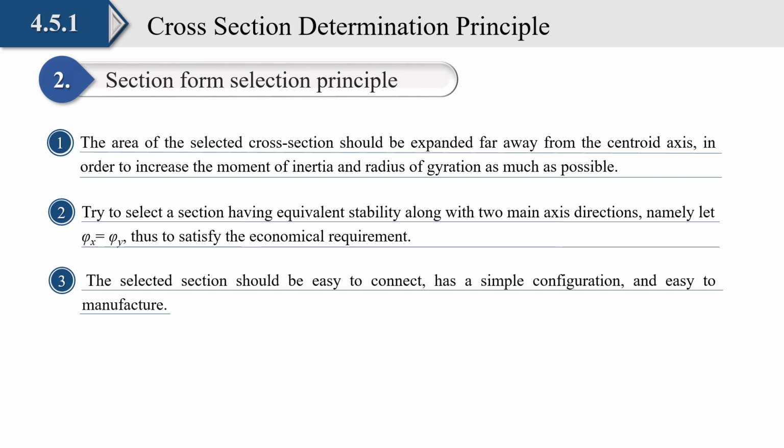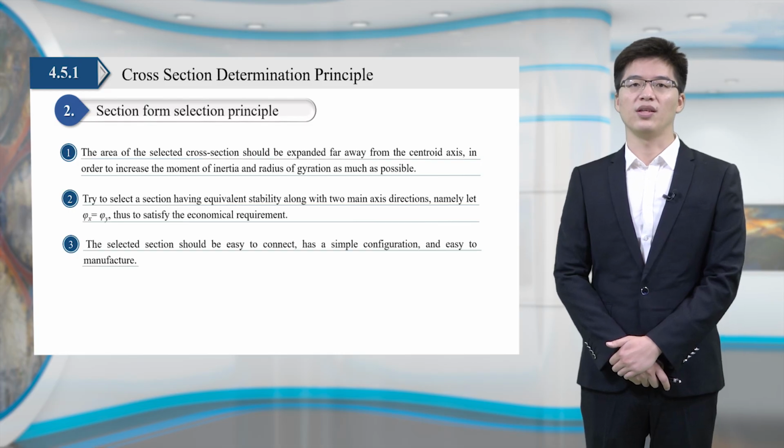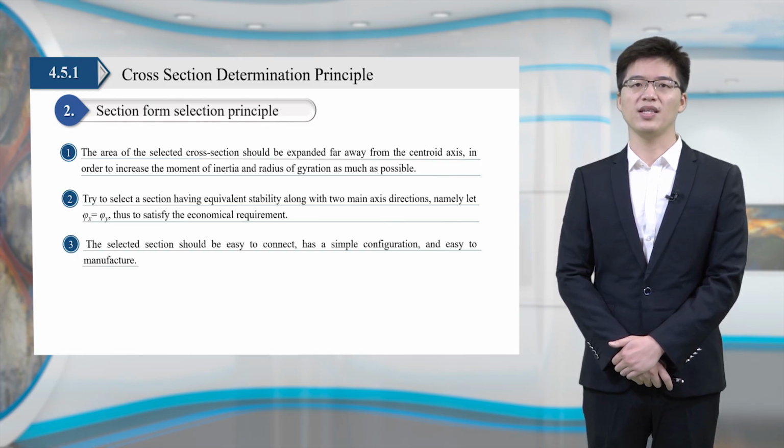Secondly, try to select a section having equivalent stability along the two main axis directions, thus satisfying the economic requirement. Third, the selected section should be easy to connect, have a simple configuration, and be easy to manufacture.